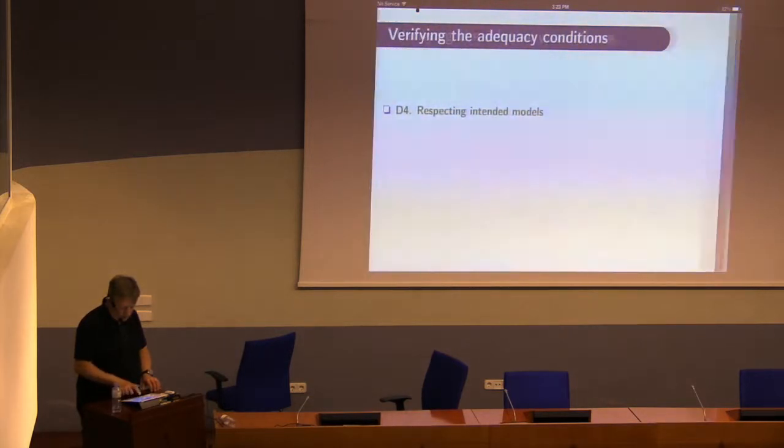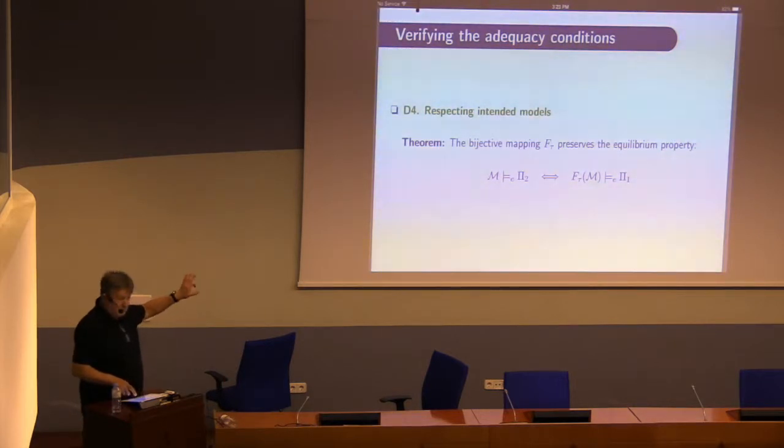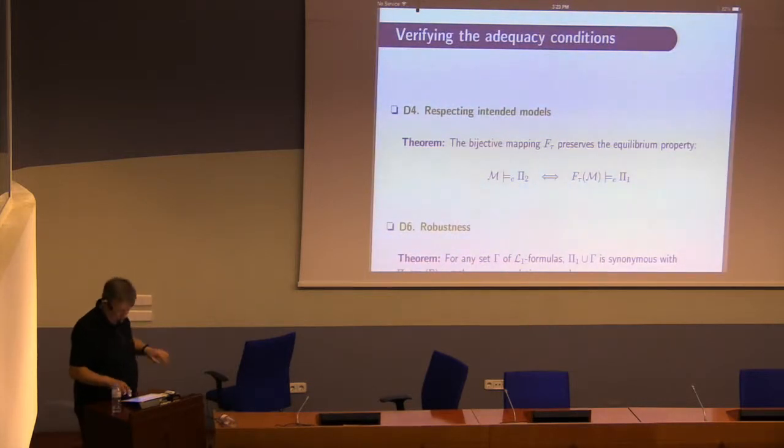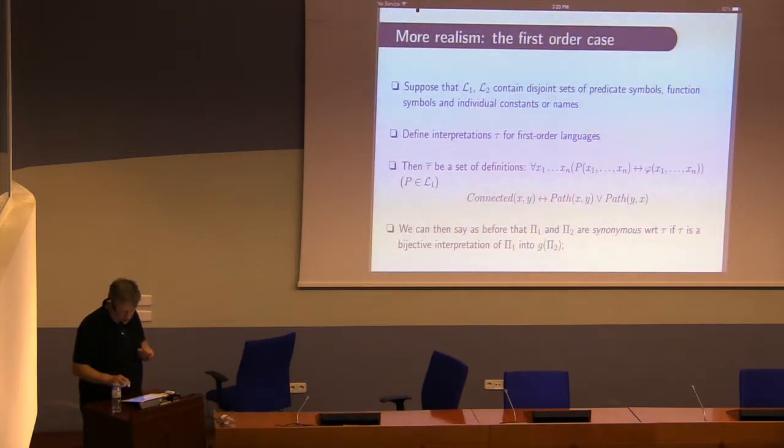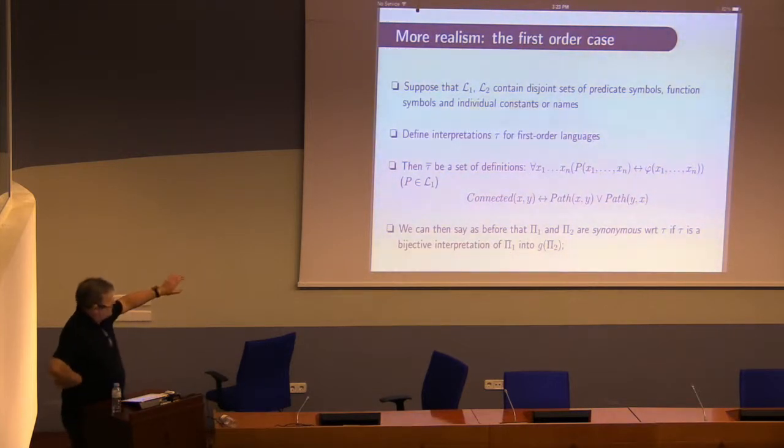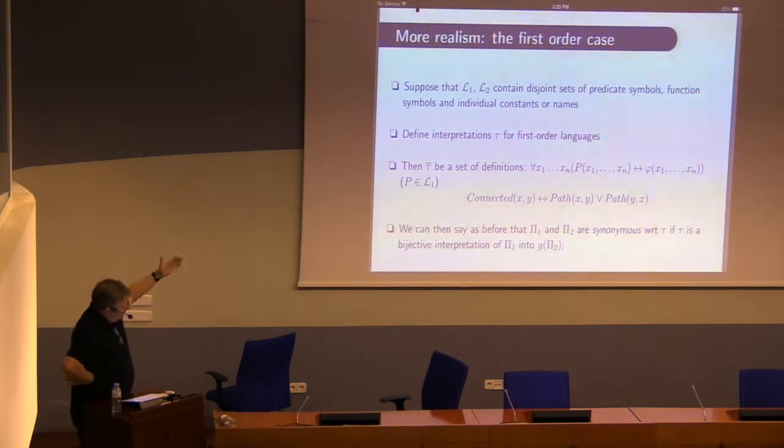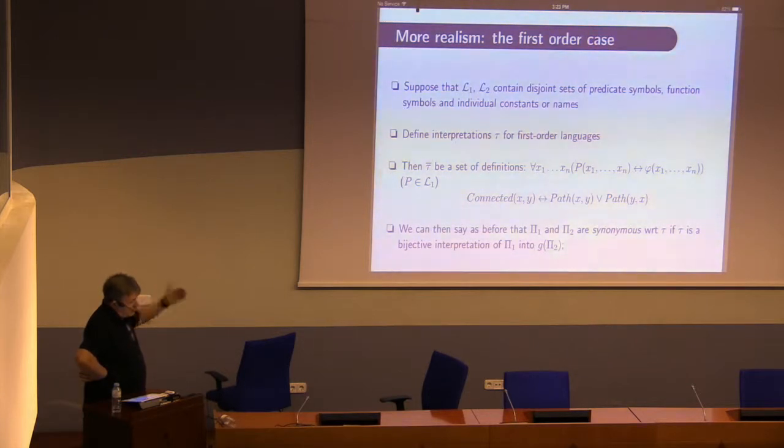And in this case, we respect the intended models of the stable models, and we can prove that these are respected, and we also have a robustness condition. Okay, I even lost a bit of slide, so I don't give you the condition, but it's exactly what I mentioned before. In the first order case, it's exactly the same, a little bit more tricky technically, because we can have different individual constants, function symbols, and so forth. And in an interpretation, each predicate of one language then has a translation into the other language.